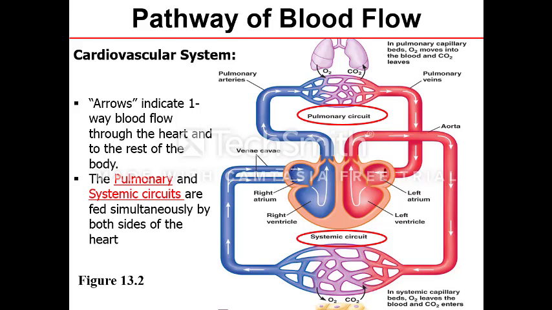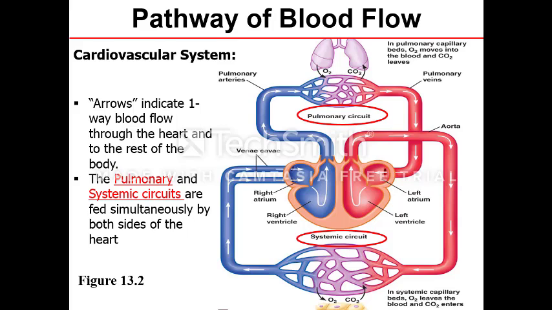From the capillaries, we've got to return to the right side of the heart, which will be the right atrium. And as the capillaries join up with venules and veins, eventually they connect to the right heart through the vena cava, which is the largest vein in your body.